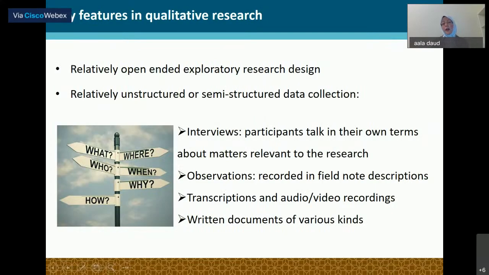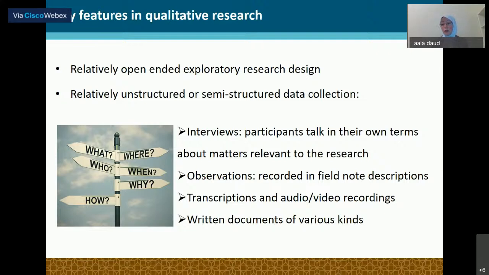So what are the key features in qualitative research? Number one, relatively open-ended exploratory research design. Number two, relatively unstructured or semi-structured data collection. So how do we achieve that? We can achieve that through interviews, for example, where participants talk in their own terms about matters relevant to the research.